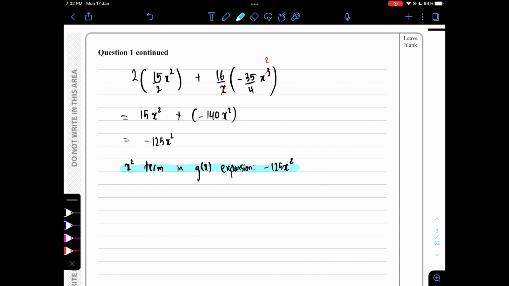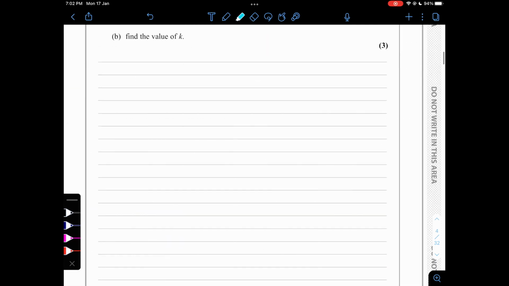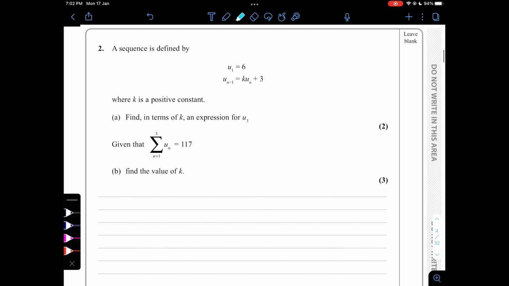Now let's move on to question number 2. So we have a sequence defined by the first term u1 equals 6 and the nth term u(n+1) equals k un plus 3. So find in terms of k an expression for u3. So that's pretty straightforward. So if u1 equals 6, right?